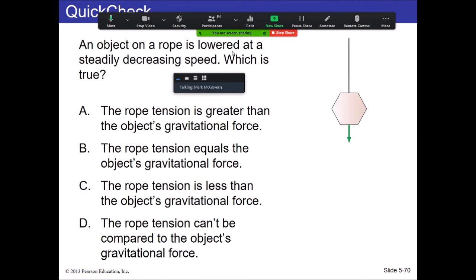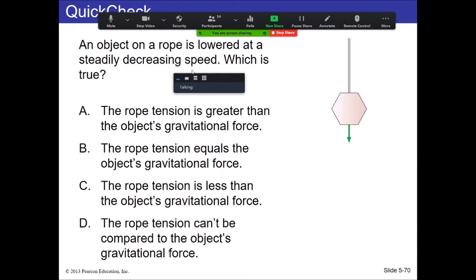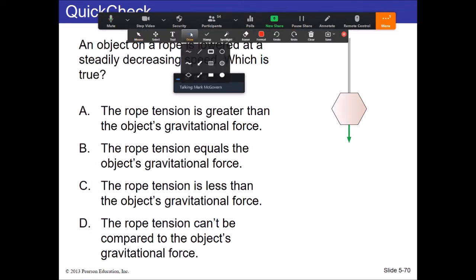An object on a rope is lowered at a steadily decreasing speed, which is true? Let me go through the logic, and then I'll show you the answer. So this is not constant speed. If it's a steadily decreasing speed, that means the acceleration is upward, right?